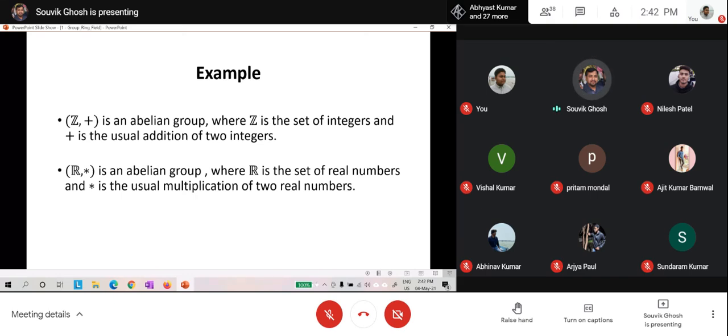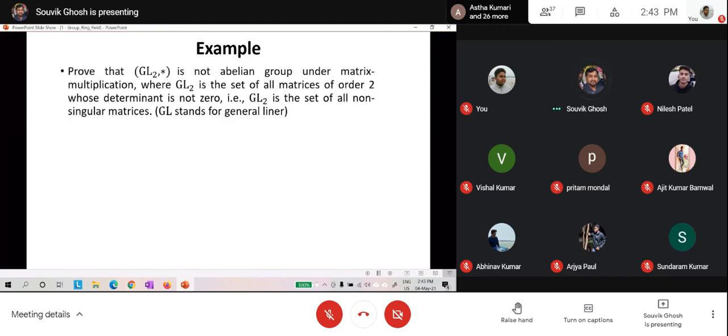In R star, that is usual multiplication in real numbers, this is also commutative. In whichever order we multiply, ab will always equal ba. So Z plus and R star, where star is usual multiplication, are abelian groups.